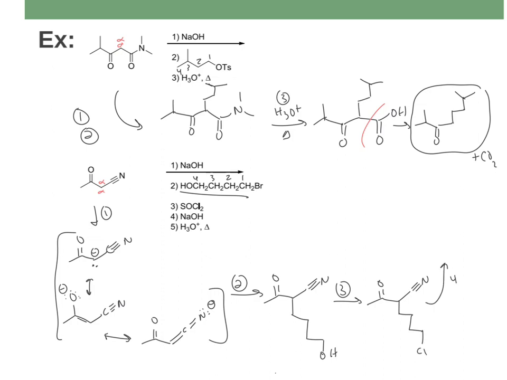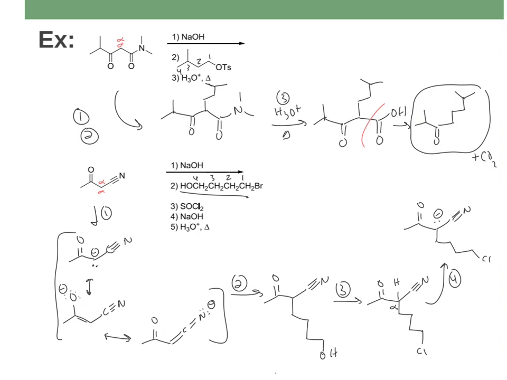Step 4 is adding base again, and I do have a second alpha hydrogen here, so that sucker can be pulled off. One, two, three, four. Cl.